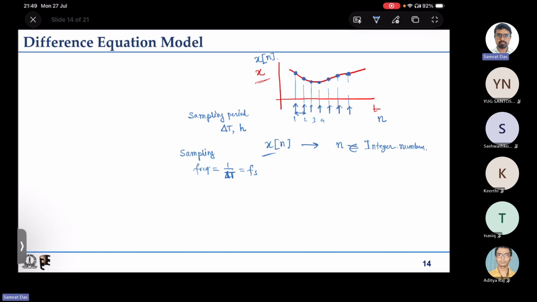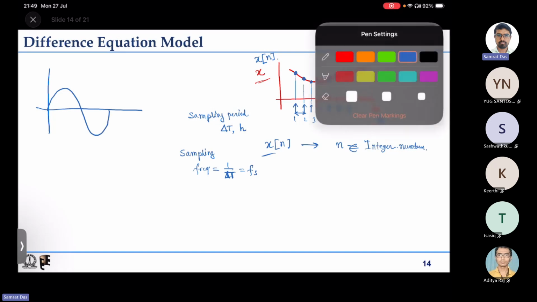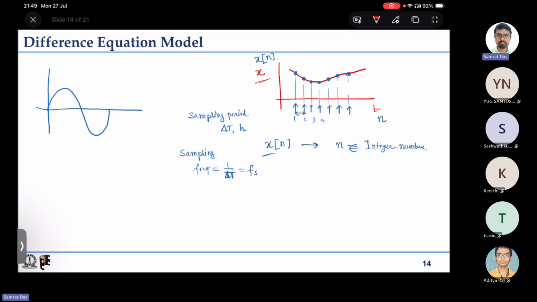And I also discussed that if a continuous time signal has to be meaningfully represented in a discrete domain, like we have a sinusoid signal, we discussed in the last class that if we sample the signal at the same frequency as the frequency of the signal, then the information about the signal actually goes away.